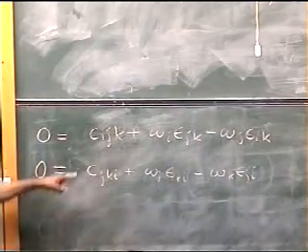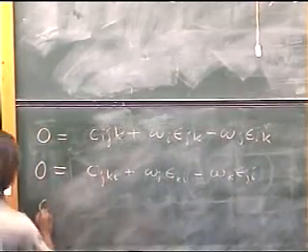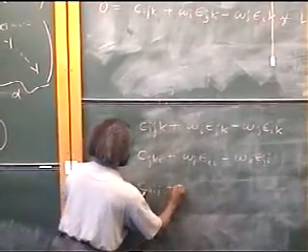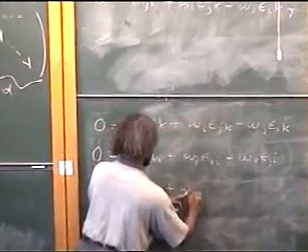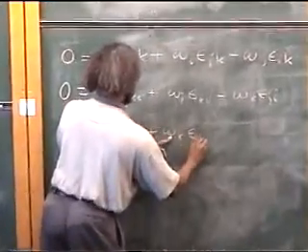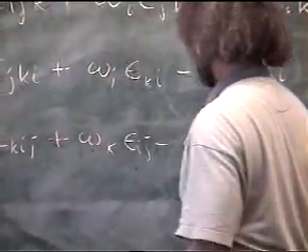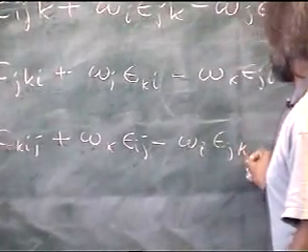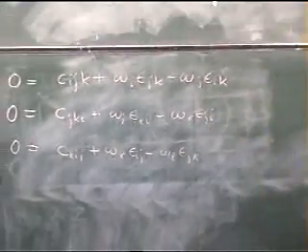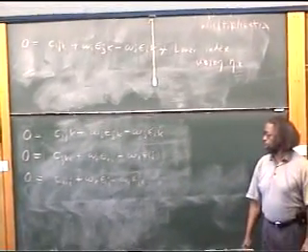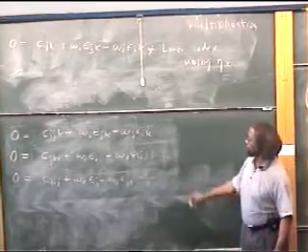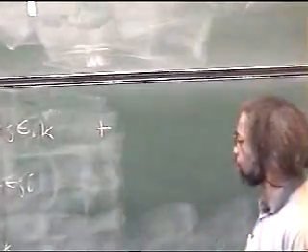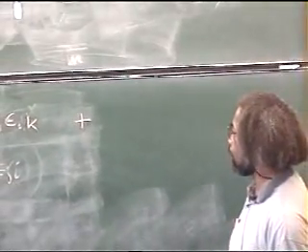That's one permutation. Then I do it once again. So 0 is equal to C kij plus omega k times epsilon ij minus omega I epsilon jk. So if the first thing is 0, these others have to be 0. The next step is you say, I'm going to take the first equation and put a plus sign next to it.